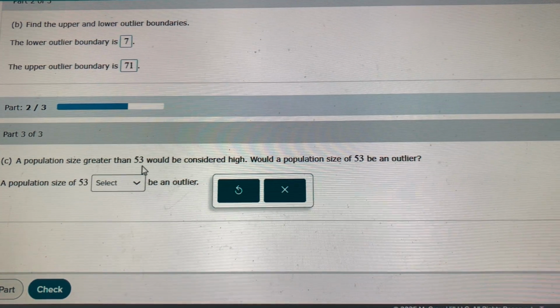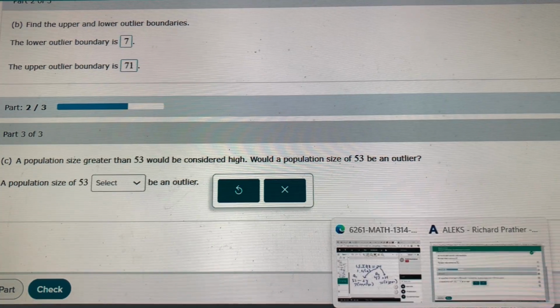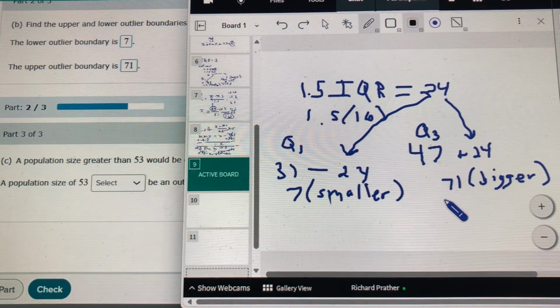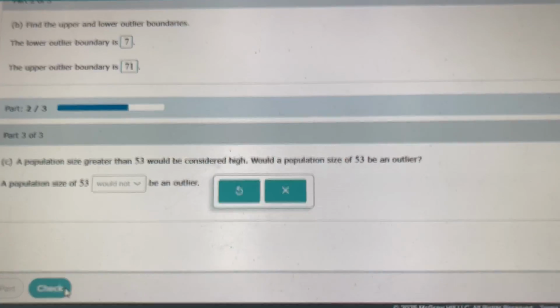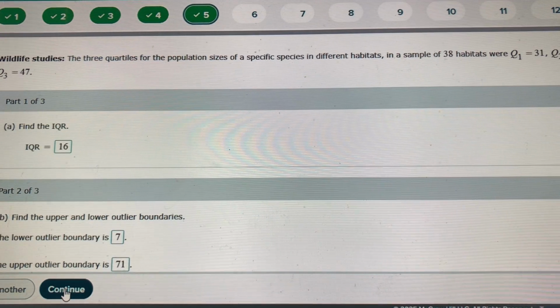You could guess maybe this is an outlier, but definitely it's not, because we just figured out that you have to be bigger than 71 to be an outlier, and 53 is not bigger than 71, so 53 would not be an outlier. Remember that problem where I jumped from 30 to 100? That one probably is an outlier, but you really can't tell for sure until you make this calculation. And sometimes it seems like an outlier, and then you do the calculation and it misses out by a little bit.